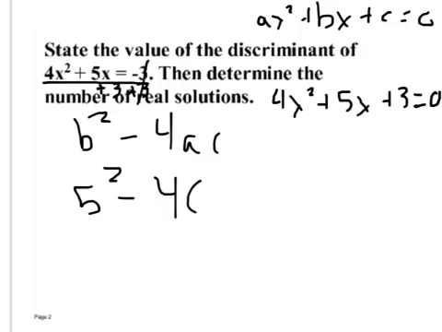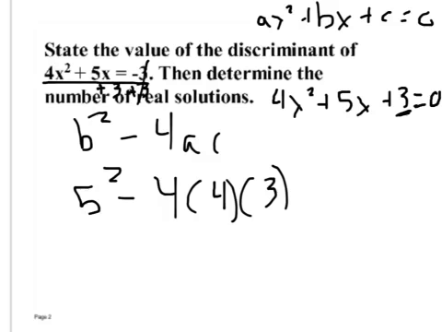What is a, Cameron? 4. Caleb, what would c be? 3. It's a number by itself. C is always by itself. The a is always in front of x squared. B is always in front of x.